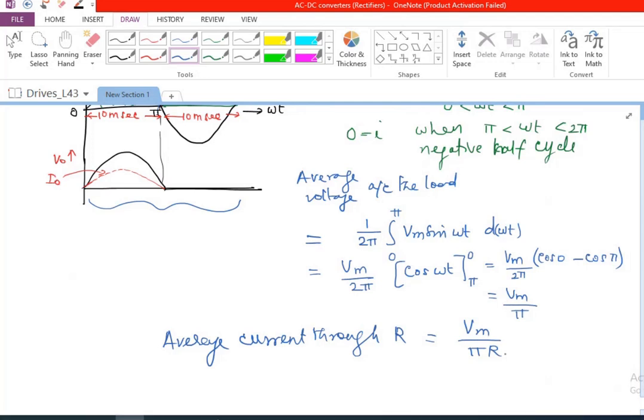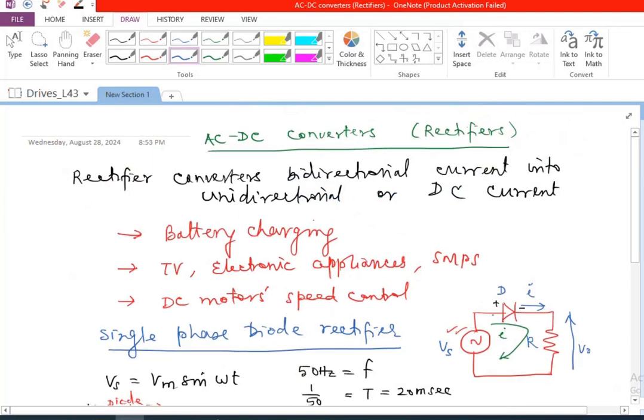Okay. So this is essentially the basic principle of operation of the half wave rectifier. And in the half wave rectifier, although we are giving AC here, what we get here is only unidirectional voltage. The current is going to flow in this direction, and the voltage will be always positive here with respect to the other end of the resistance.